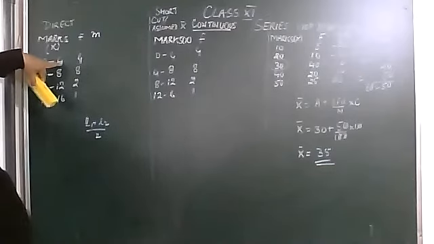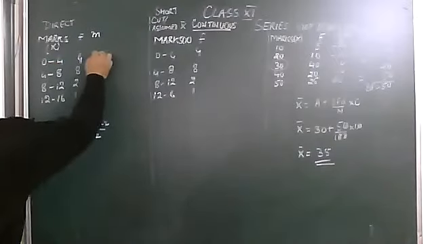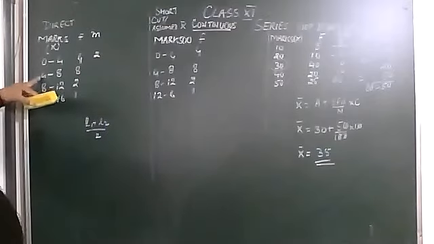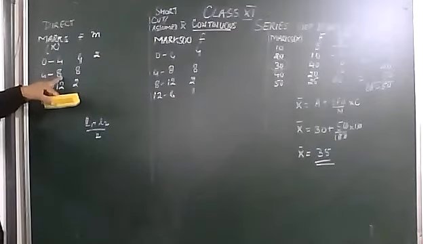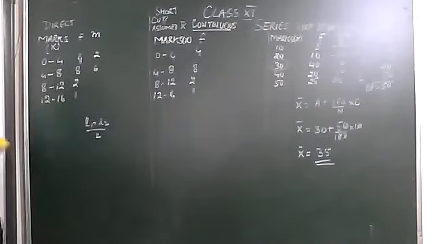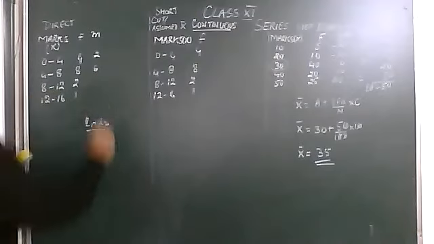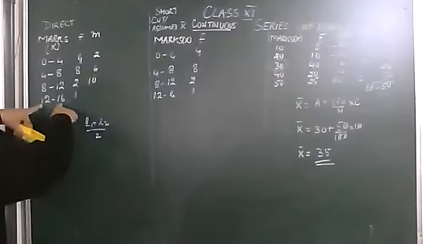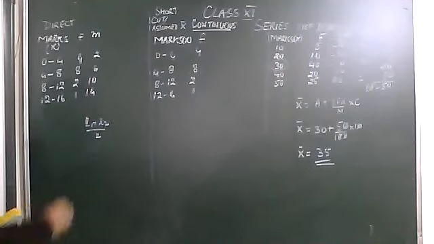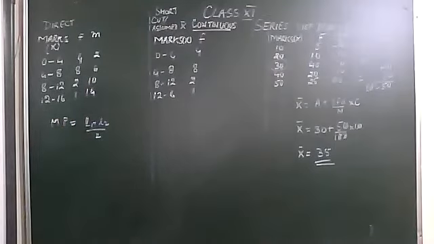So 0 plus 4 is 4 divided by 2, you will get 2 as the midpoint. 4 and 8 added up, 12, 12 divided by 2, you get the midpoint 6. 8 and 12, 20 divided by 2, 10. 12 and 16, 28 divided by 2, 14. So midpoint is obtained by L1 plus L2 upon 2.